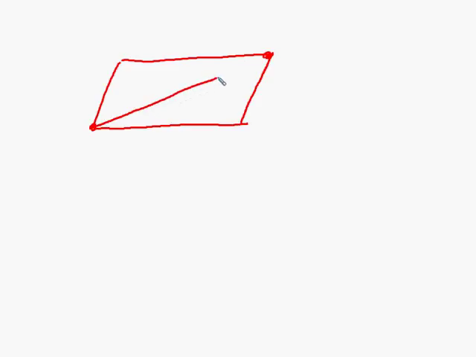Okay, anyways, so let's say I have a parallelogram. And now, watch what I draw. See if we can remember our term. What is that I just drew? A transversal. It could be a transversal, but that's not what I'm after. It's a diagonal. There we go.